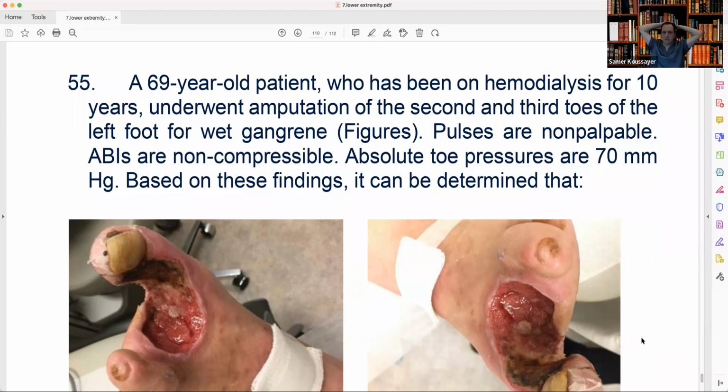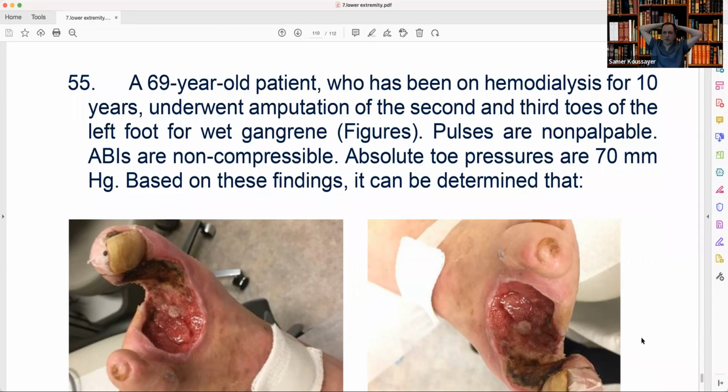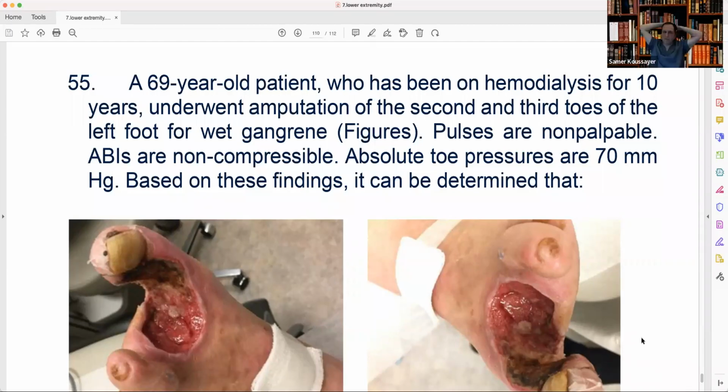Is it good blood flow or not? Blood flow, right? Because you never get this granulation unless you have blood flow. And a toe pressure of 70 is good as well. So even though this patient has no pulses, you can get blood flow because I see good granulation tissue. The ischemia on the toe, don't worry about it. This is from dryness, because of the bone and tendon here.